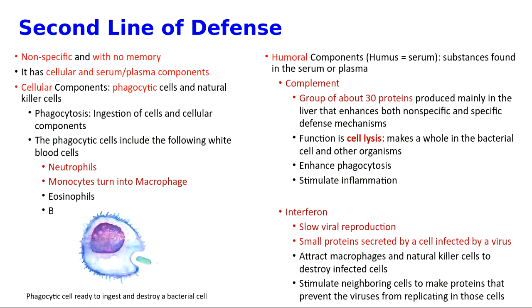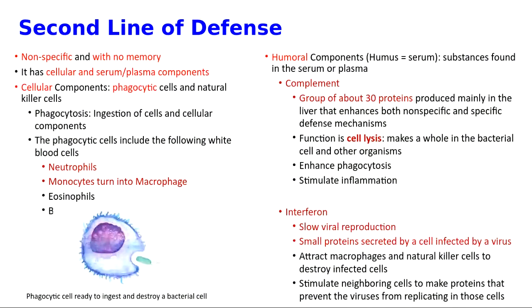Then the humoral components, or the serum chemical components, that are part of the second line of defense include complement proteins, and we have a whole bunch of them. It's over 30 proteins that are produced mainly in the liver that have a very specific job, and their function is to break or to lyse cells, specifically bacterial cells.